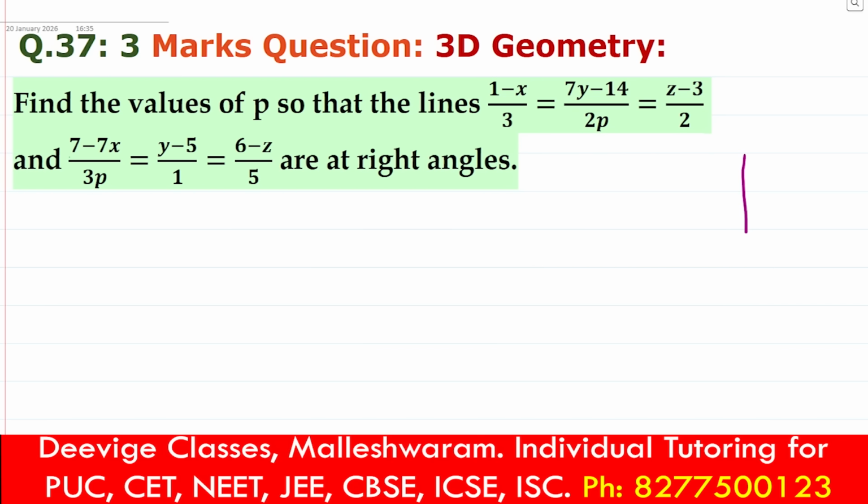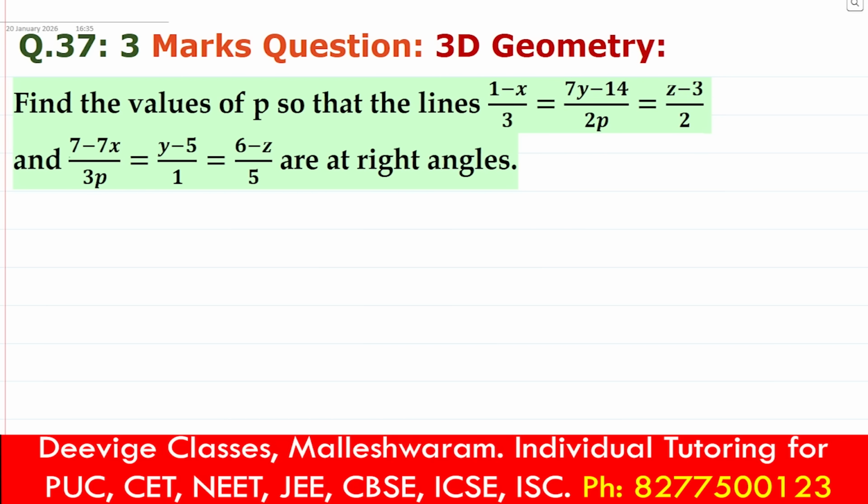Right angles means the angle between the two lines is 90 degrees, and we know that if the angle is 90 degrees, then B1 dot B2 will be equal to 0. So from these line equations, first we have to write B1 and B2.